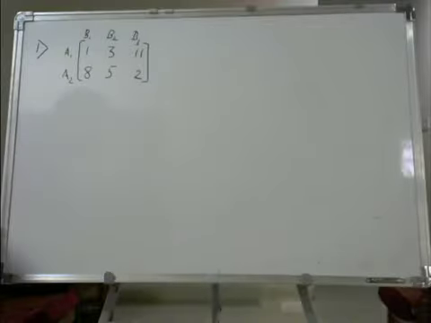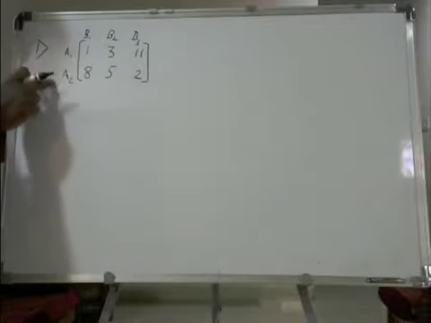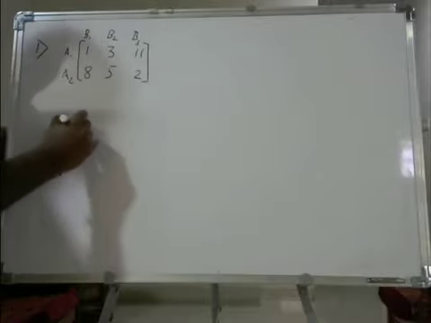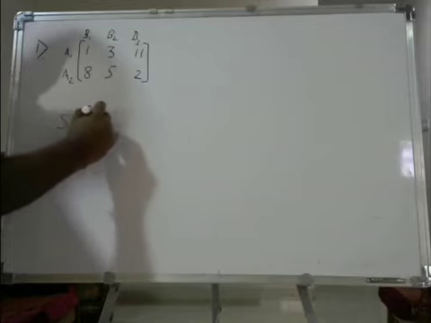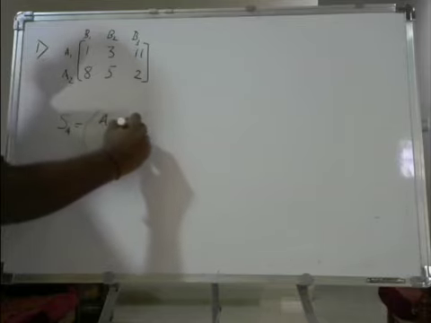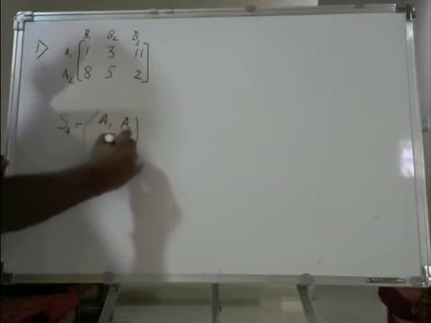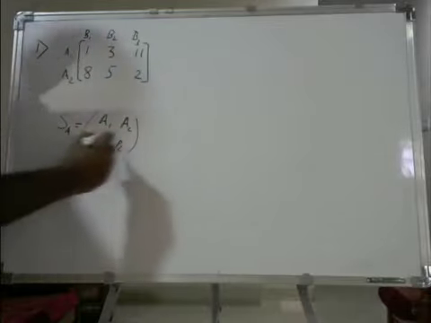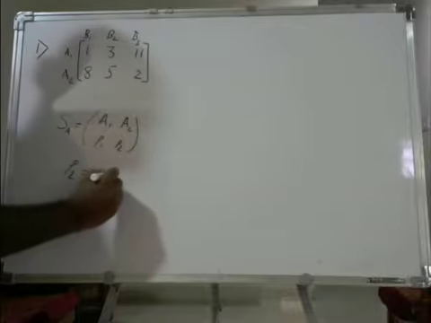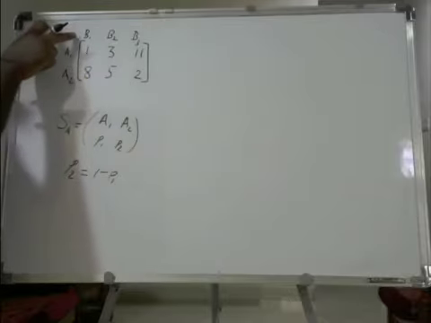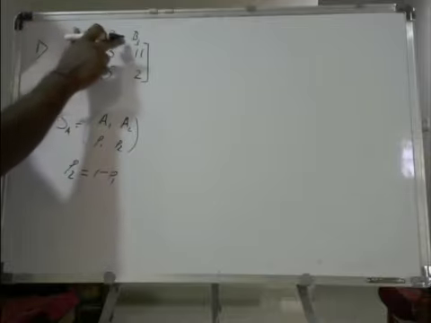For player A, there are 2 strategies. I can write this as S of A: A1, A2, with probabilities P1 and P2, where P2 is equal to 1 minus P1. For player B, there are B1, B2 and B3 strategies.